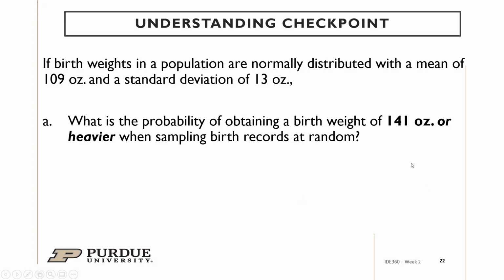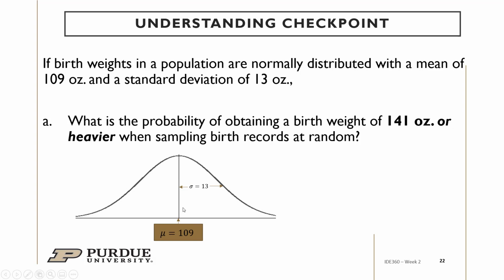So let's do another couple of checkpoints here. If birth weights in a population are normally distributed with a mean of 109 ounces and a standard deviation of 13 ounces, what is the probability of obtaining a birth weight of 141 ounces or heavier when sampling birth records at random?